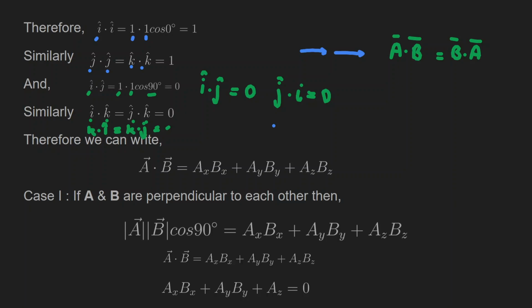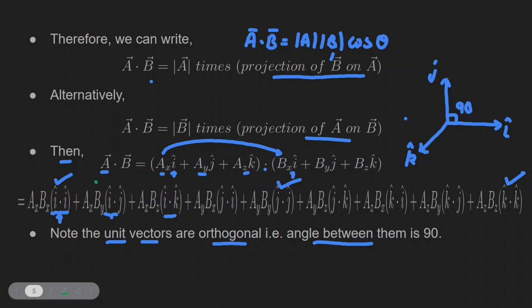If you notice, these are the cross terms, i dot j, i dot k, so all of these become 0. So in this equation, the term i dot j is 0, this i dot k term becomes 0, and this term becomes 0. All the terms which have these cross terms die off.